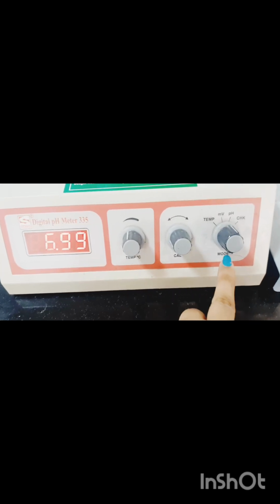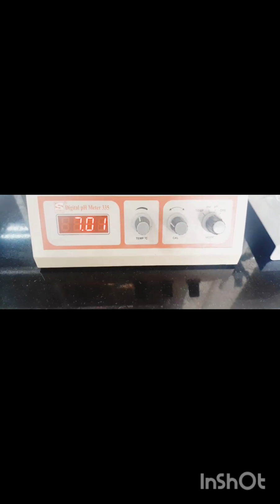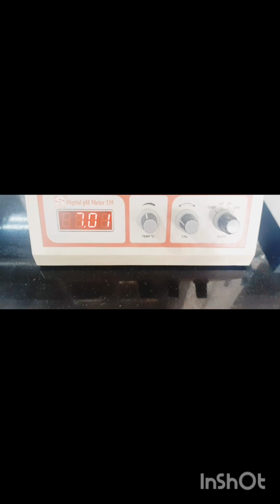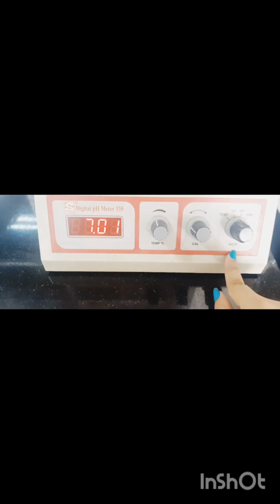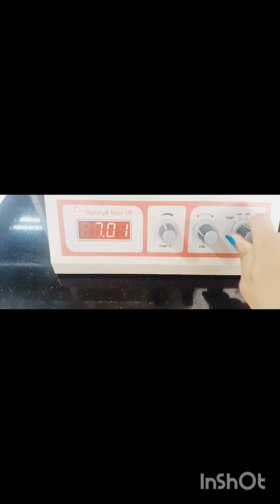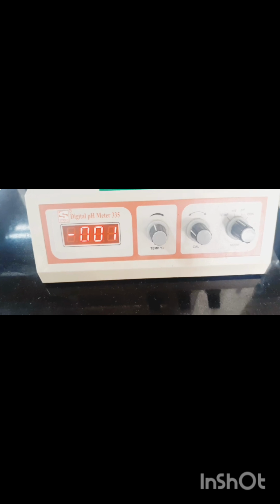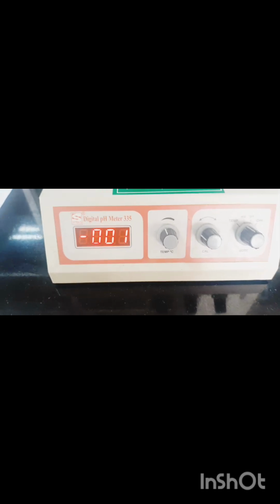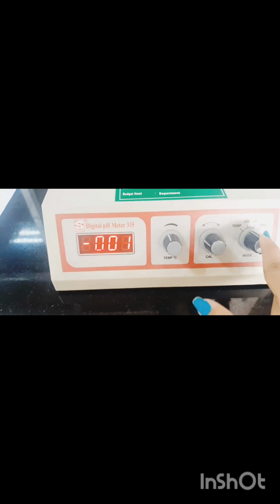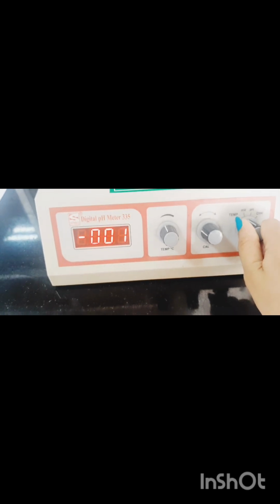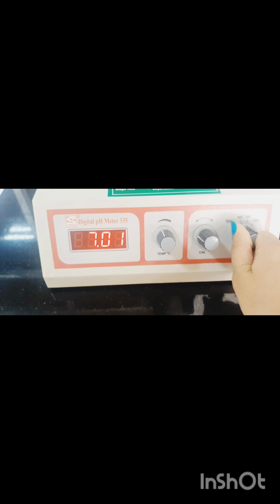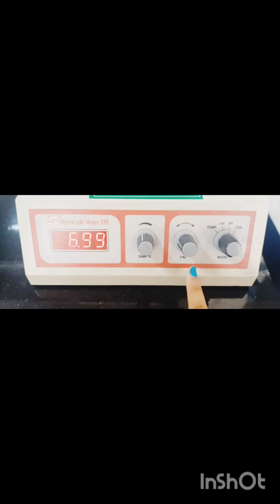These all are the modes of this instrument. अगर आपको किसी भी सॉल्यूशन का मेज़र करना है potential, then for this purpose you have to set this functional knob at the mode of potential just by rotating like this. ठीक है? लेकिन अगर आपको मेज़र करना है pH of the solution, then for this purpose you have to adjust this functional knob at the mode of pH just by rotating like this. Are you getting me?